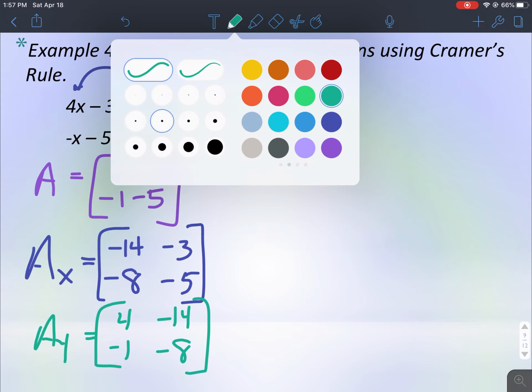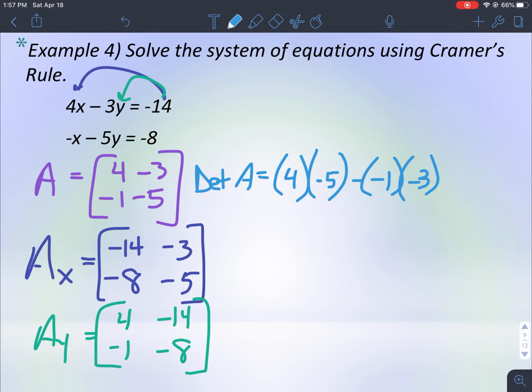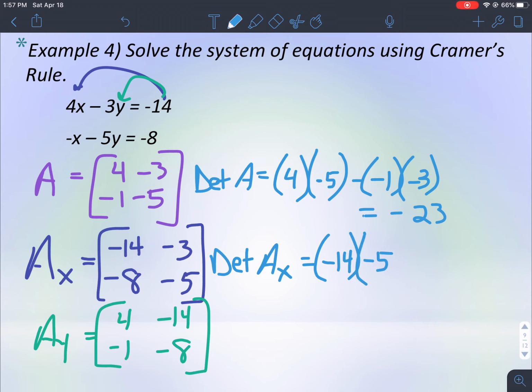Next step, find the determinant of each of those. Right, just writing out all of my work.